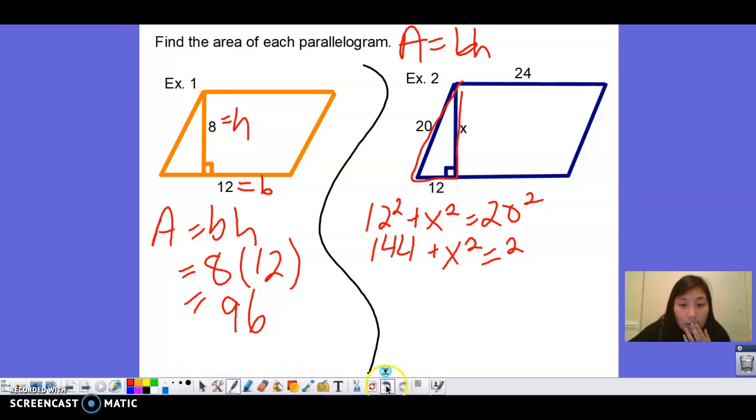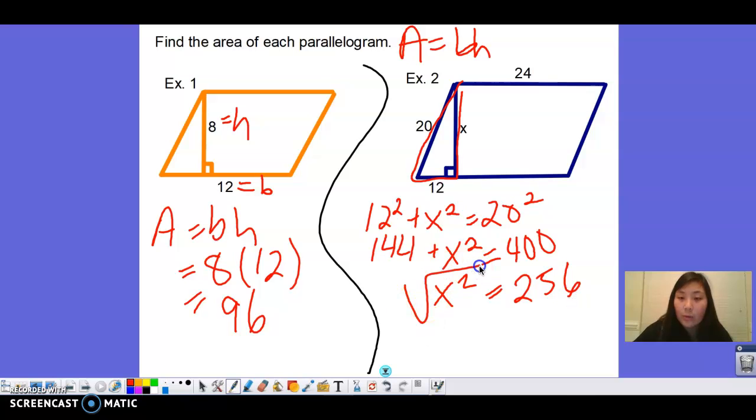So let me go ahead and erase that. All right, and then when I subtract the 144 over, I get x squared equals 256. So when we take the square root of both sides, the x is going to equal 16. So our x is equal to 16, which is going to also be our height.